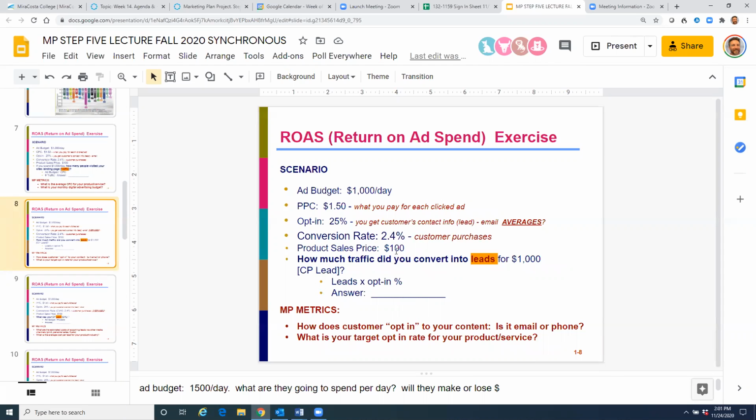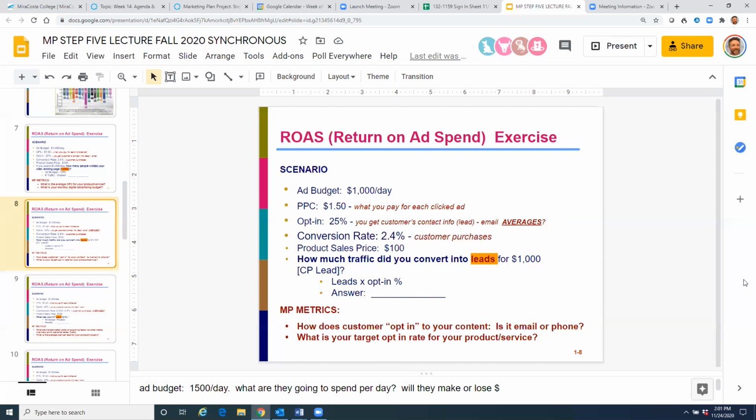So what's our number here? How many leads did we have? Clicks, 666. What's our opt-in rate? 25%. So out of those 666 who clicked on the ad, 25% of that actually gave you their information. That is your number of leads.